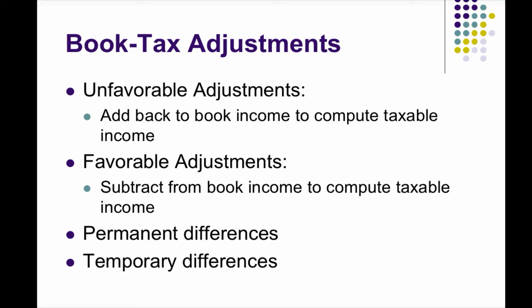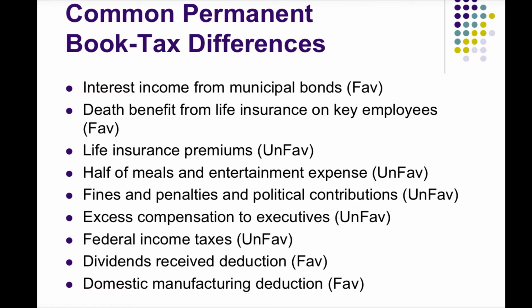Temporary differences just mean that one standard is telling me to recognize this income or expense in this time period, whereas under the other set of rules, it's saying to recognize it in a different time period. So while things look different for now, they will eventually meet back together when both of those time periods have elapsed.